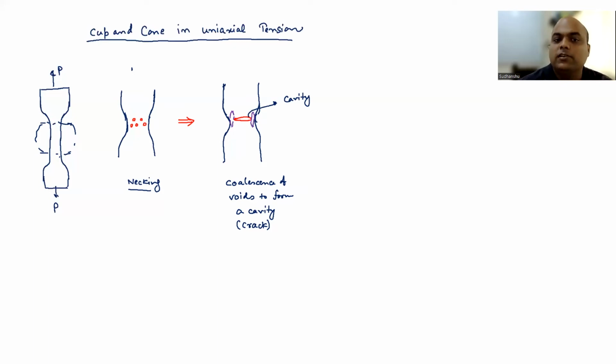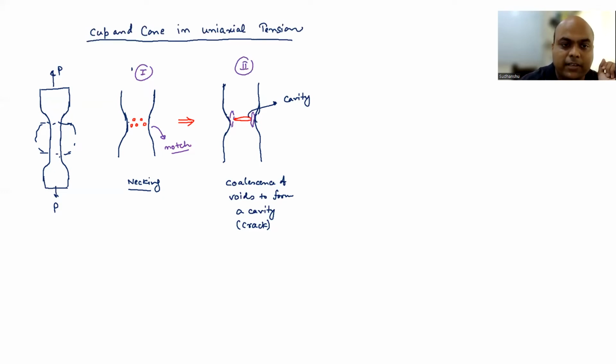Second, you need to also realize that when you have the neck region here, let's say I mark it number 1 and number 2 stage. So in stage 1, you have the necking, right? So this is acting like a notch. Now, if you remember the concept of line of forces or stress trajectory, the imaginary ones we discussed, you are going to observe the stress concentration in front of this neck, right?